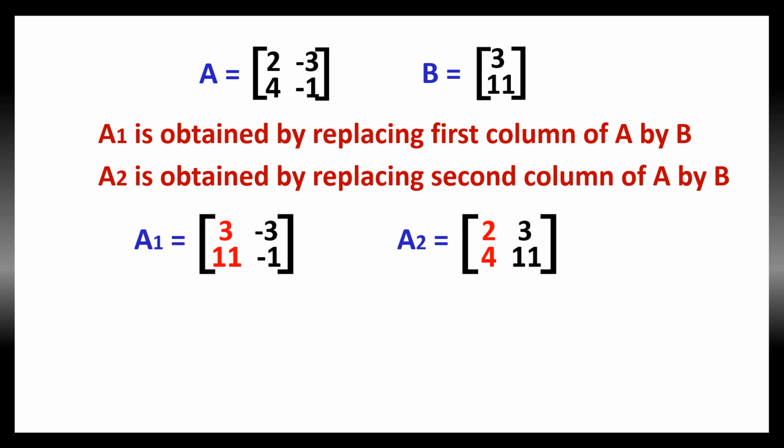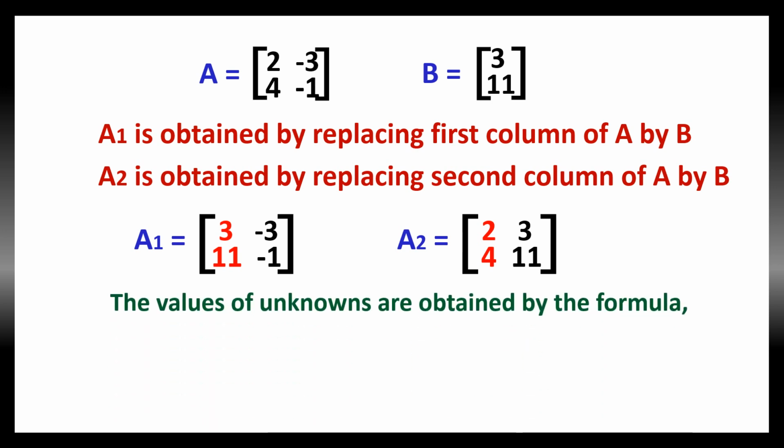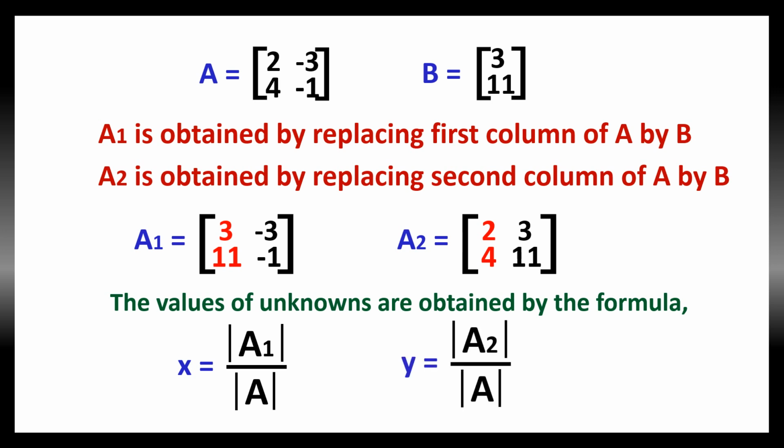And then our next step is to find the value of unknowns using a formula. The formula is x is equal to determinant of A1 divided by determinant of A, and y is equal to determinant of A2 divided by determinant of A.